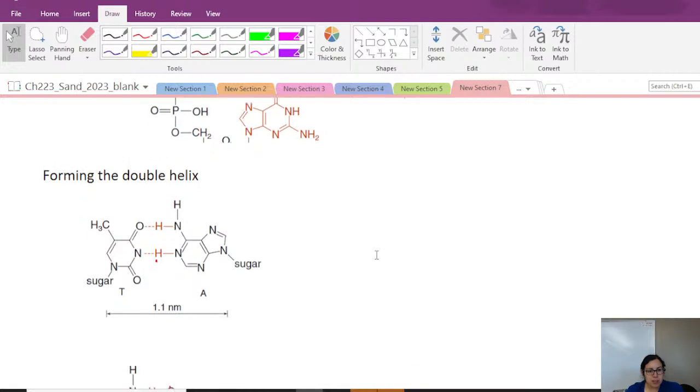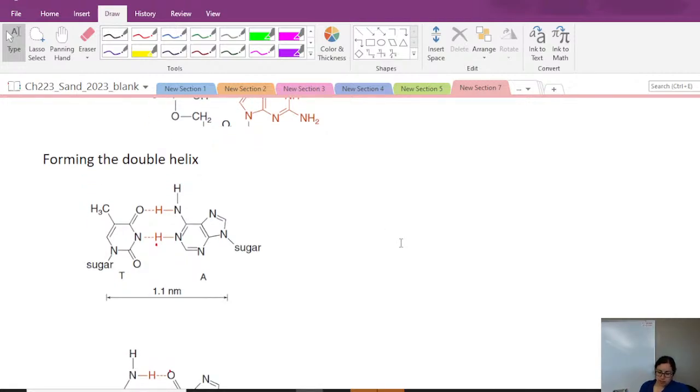What's interesting about the double helix is what keeps it all together. As you're aware, it's often represented by that twisted ladder. So you have both sides of your base coming together. And what's fascinating, to me at least, is that you have your bases here, and then what type of bond is this?